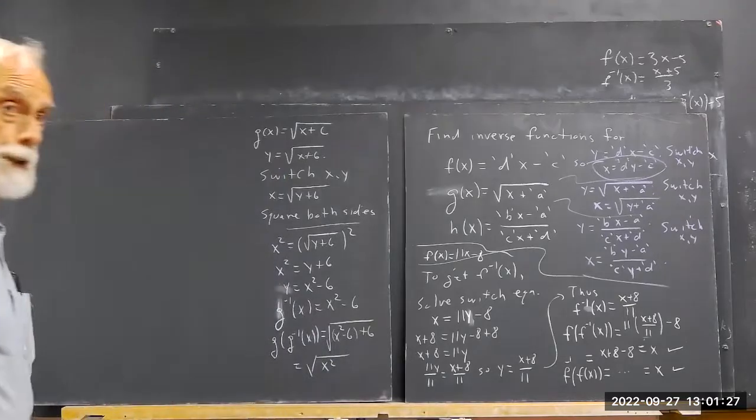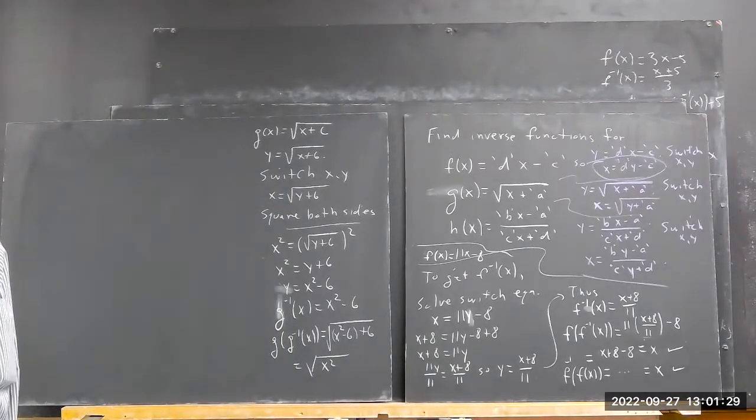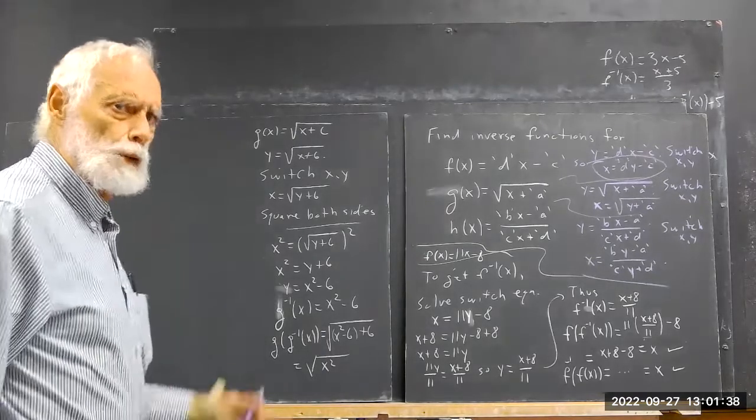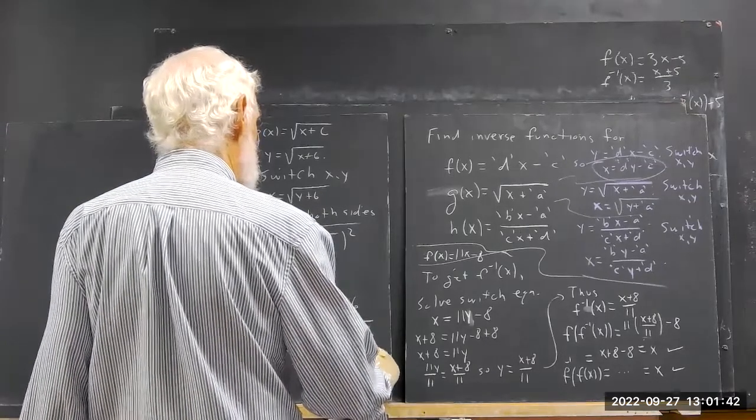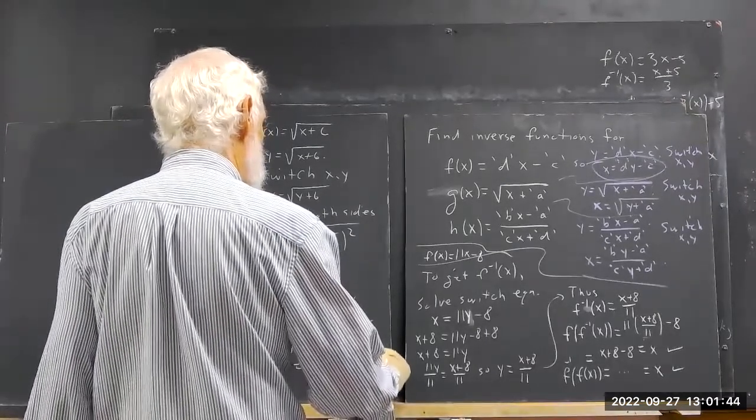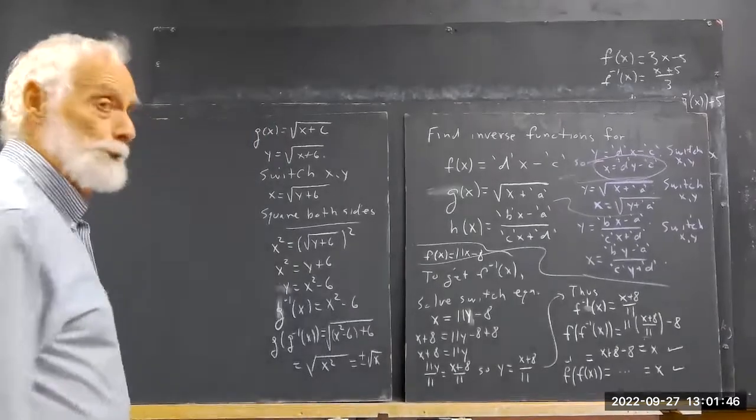Which is the square root of x squared, and what's the square root of x squared? Now you want to say x, but that's not really true. So there's a little complication here, but we'll kind of ignore it in this case. This equals plus or minus the square root of x squared.